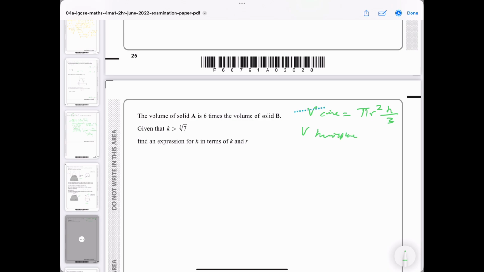I can't remember, so the volume of a sphere is 4/3 pi r cubed, so half of that is 2/3 pi r cubed.